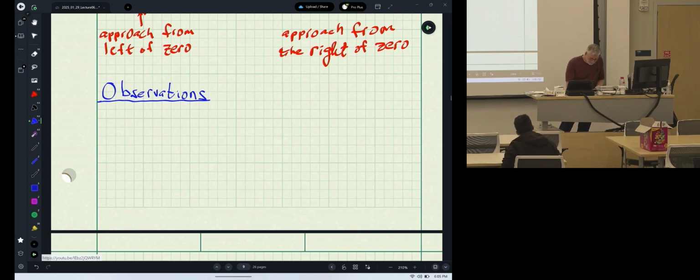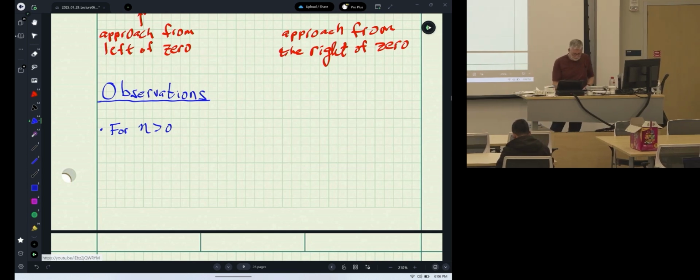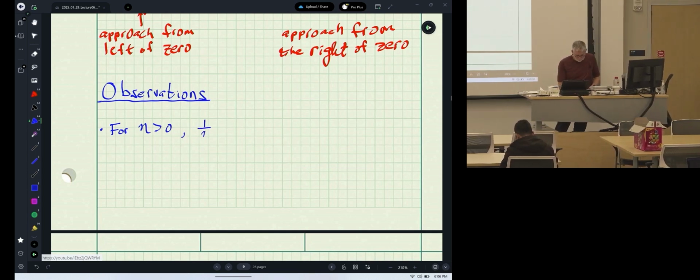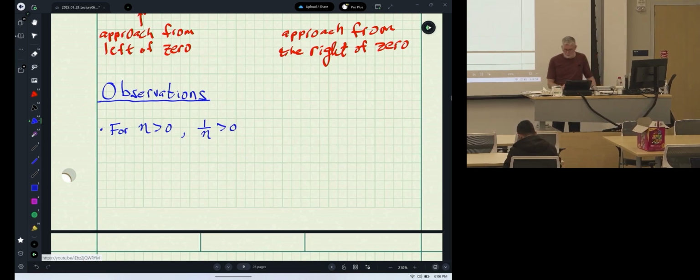okay, so observation. I'm using a Greek letter, eta. When eta is positive, 1 over eta is also positive. And if I take the limit as eta goes to infinity of 1 over eta, I get 0.